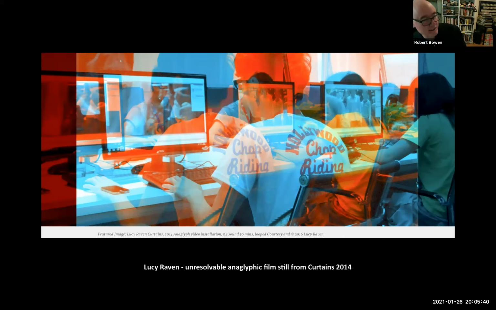interesting permutation on dimension. This film called Curtains is anaglyphic, sometimes unresolvably anaglyphic. But it's a film about the industry of converting traditional Hollywood type films into 3D, which was popular like a decade or so ago.